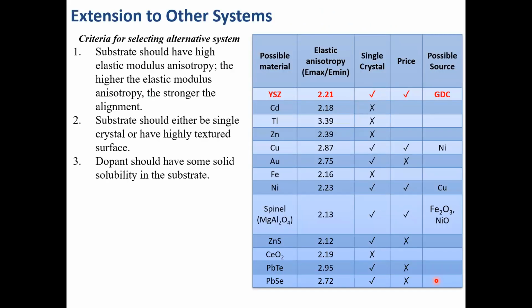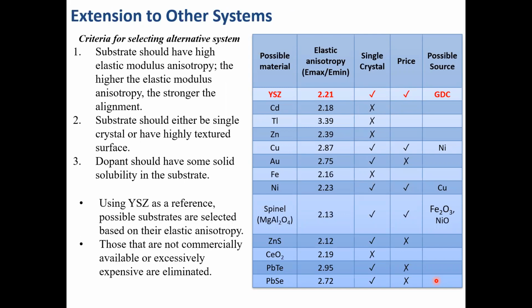And then we looked into extension of this into alternative substrate and source materials, and compared with YSZ, we found various possible substrates, including spinel and a lot of other materials. And then we looked at their elastic anisotropy. They compare very well with YSZ.